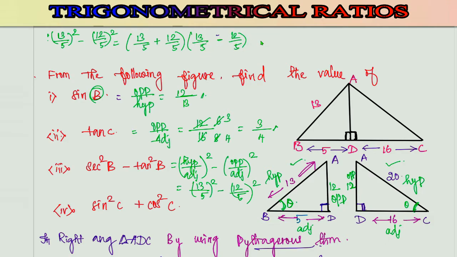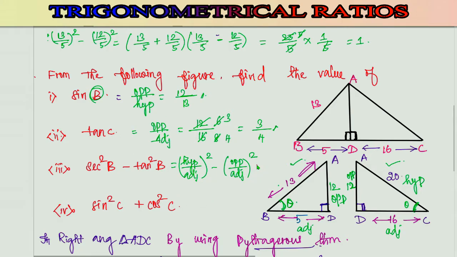Here the denominators are the same, so you will get 13 plus 12, which is 25, divided by 5, into 13 minus 12, which is 1, divided by 5. So 5 5s are 25, and the 5s get cancelled, so you are left with 1. So finally the answer of this value is 1.